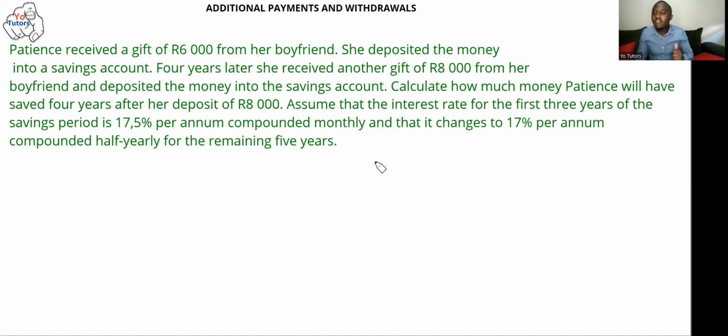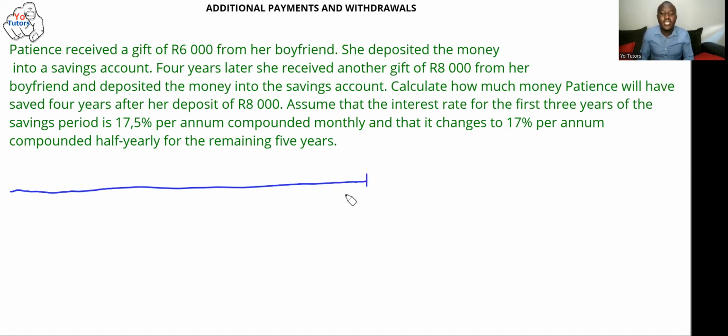So what you need to understand first, you need to draw your timeline. And how do you draw your timeline? What guides you is knowing that we have got the T0 in the beginning, and you must understand how many years, because our timeline is actually determined by a year.